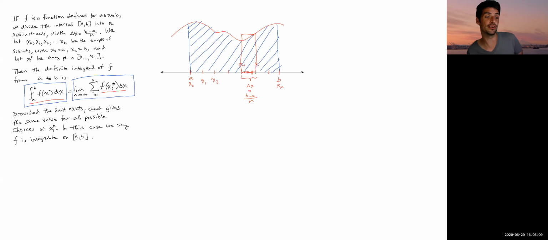So this symbol here on the left, the integral from a to b of f of x dx, is a symbol for a number, right? This is a number over here that represents the area from a to b between the graph of f and the x-axis, okay?